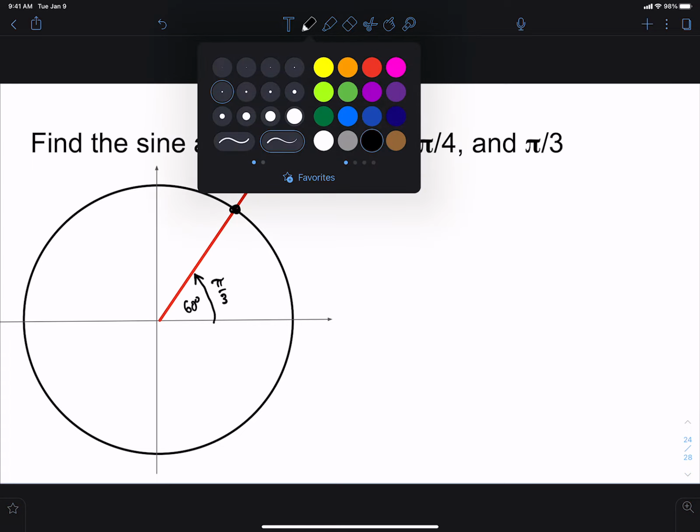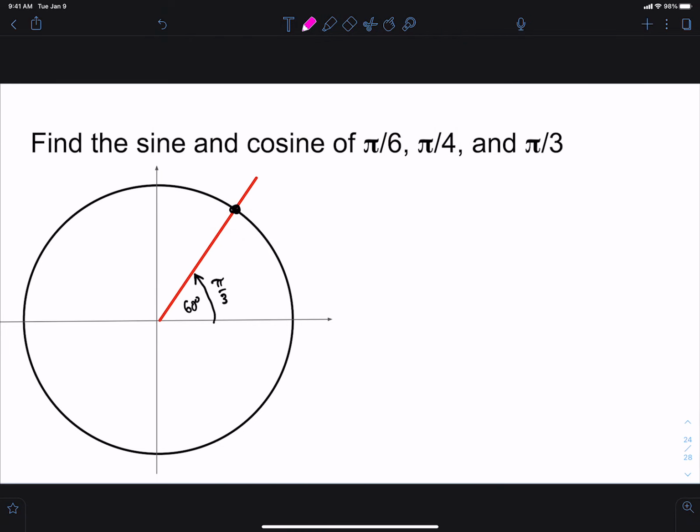And we actually have another triangle. If I connect these 3 points, let's see if I can make it an equilateral triangle. You can see that the radius is 1, so it's an isosceles triangle. That means that these two angles are equal. The third angle is 60 degrees. That means that they all have to be 60 degrees.